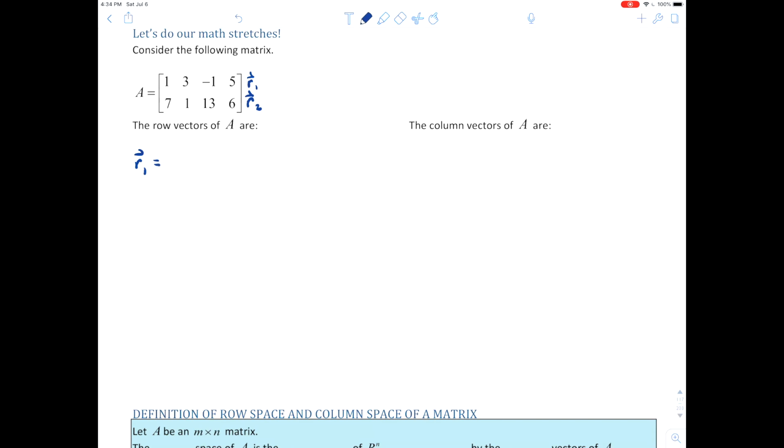You can write it one of two ways. You could write it as a vector in component form, so you'd have 1, 3, negative 1, and 5 with commas in between the components. Or you could write it how? Beautiful. As a 1 by 4 matrix.